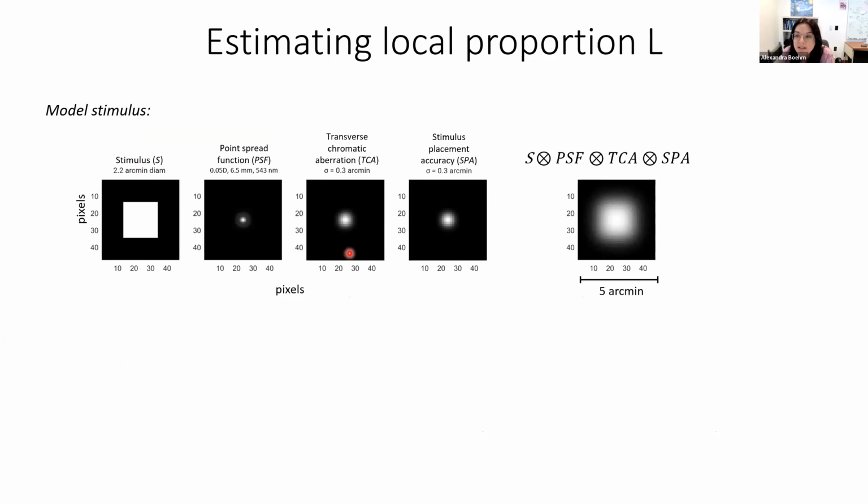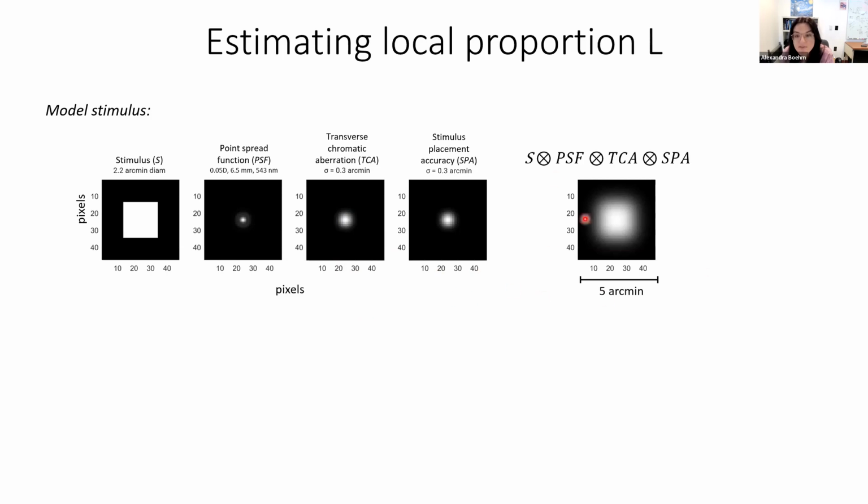We did correct for TCA with established image-based procedures, and then we monitored the pupil position to keep the pupil in the same position with respect to the AOSLO beam, but we do assume that there's still some residual blur from slight changes in pupil position that are pretty much unavoidable at this point. And then the third thing we have to consider is blur from stimulus placement accuracy. The delivery technique that we use does result in slight errors in stimulus stabilization, but these can be measured post hoc through analysis of the videos that are taken during the experiment.